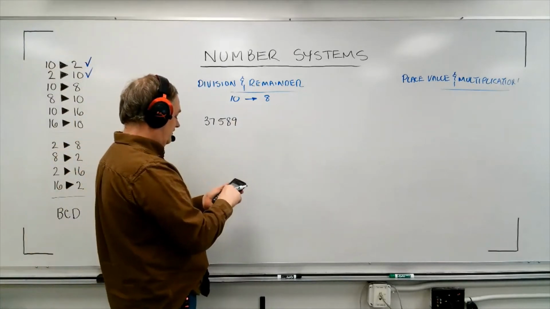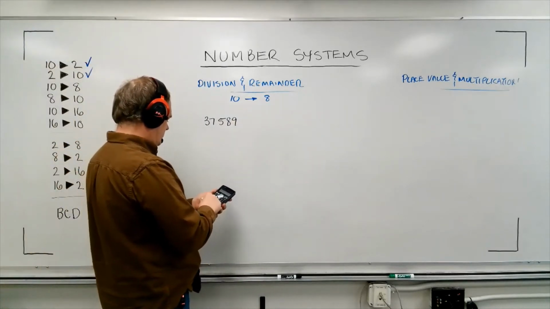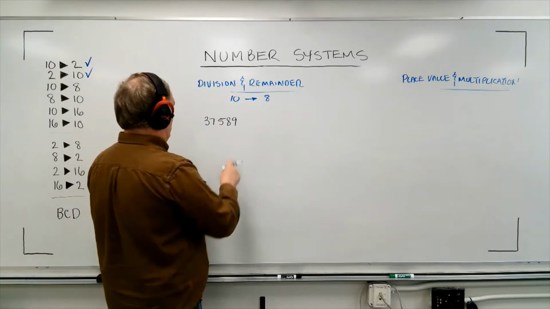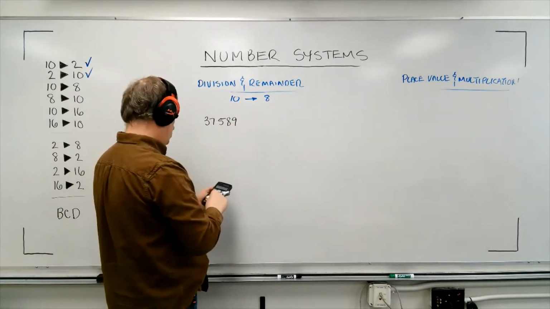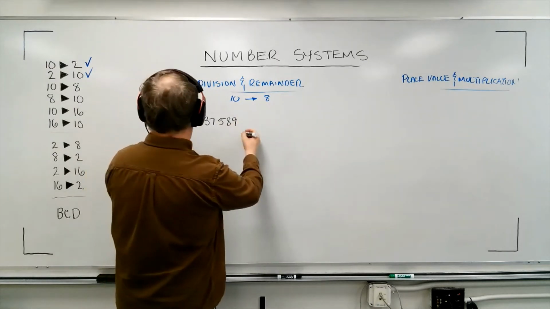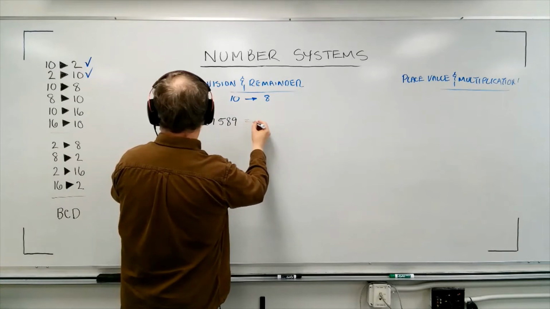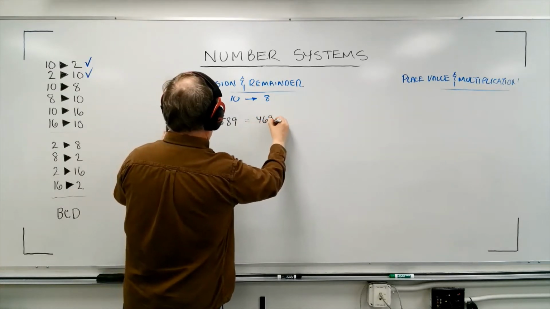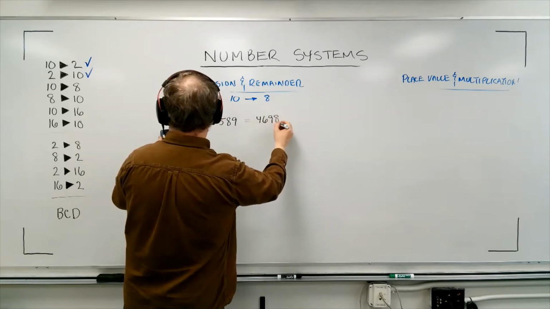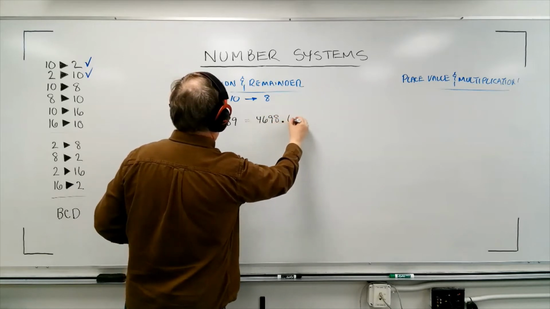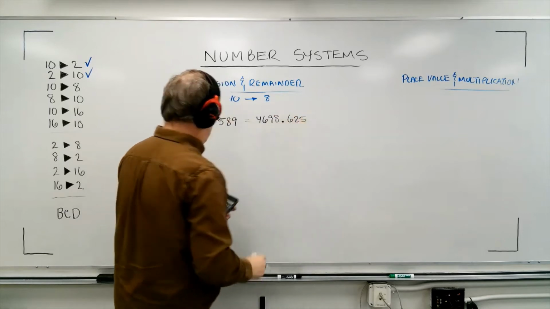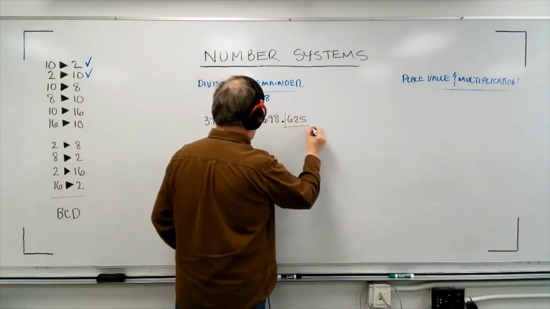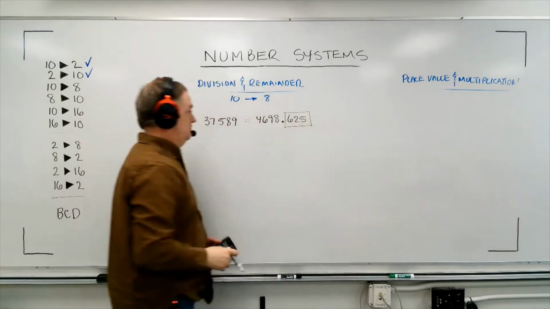Now remember, the first step is you take the number 37,589 and you divide it by 8. And this actually equals 4,698.625. Now, what I want to explain here is that this is actually very significant. What does that 0.625 mean?